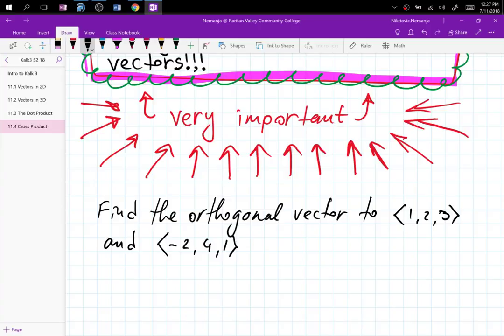This is problem 36. So technically all you need to do is to compute. Let's compute the dot product.